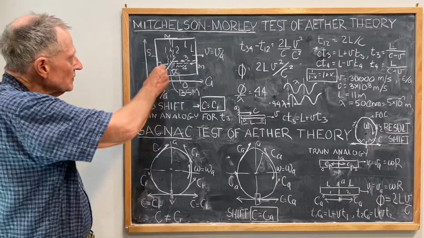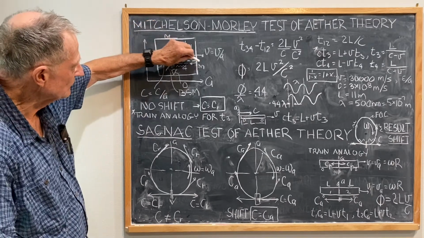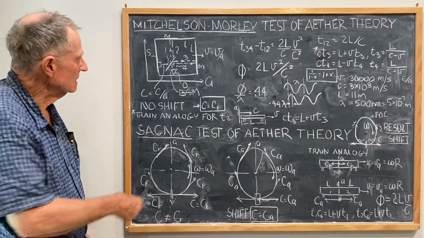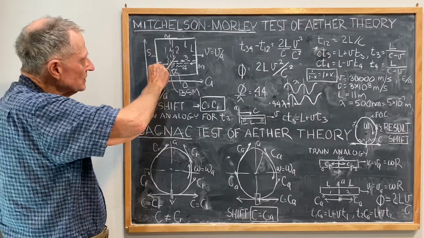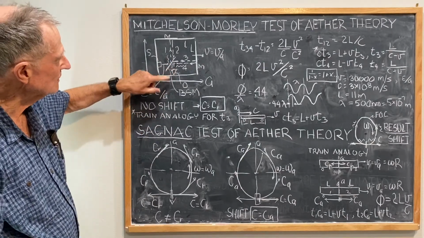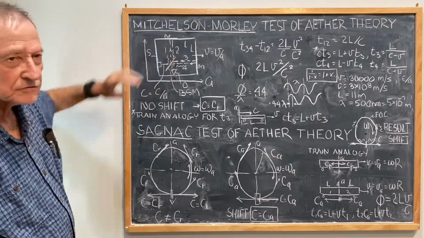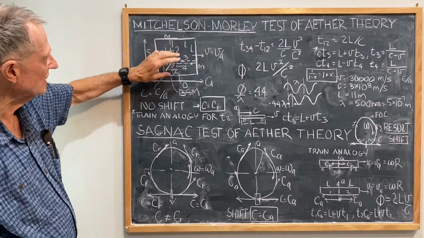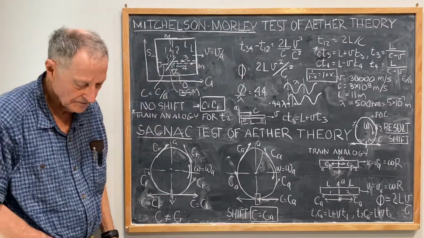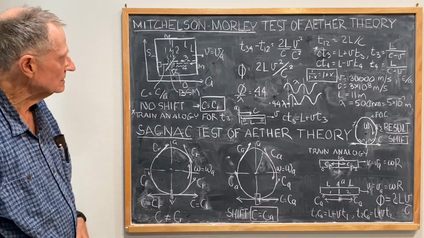It consists of a source, a beam splitter mirror, reflecting mirrors perpendicular to the two paths, and the experiment consists of observing a change in the interference pattern that had initially been set up as this is rotated, as the position is changed with respect to the assumed direction of the velocity with respect to the ether.